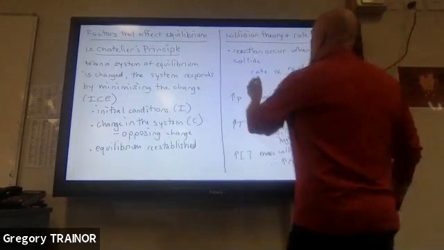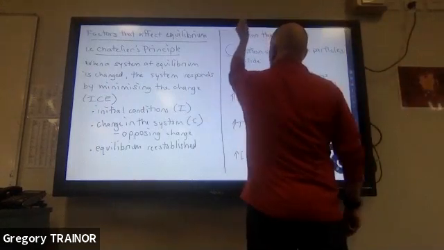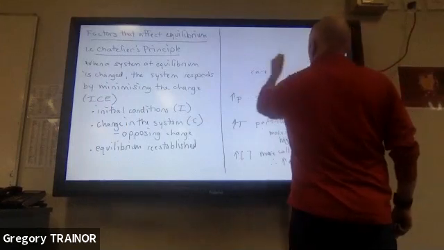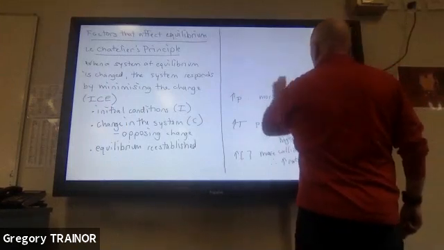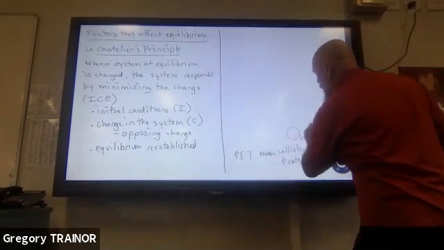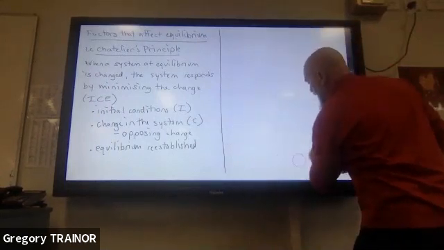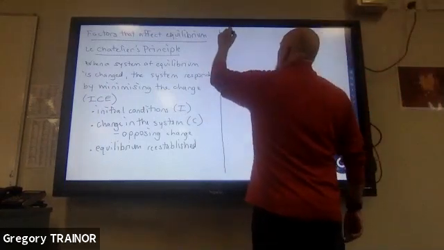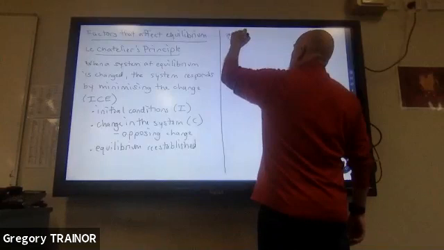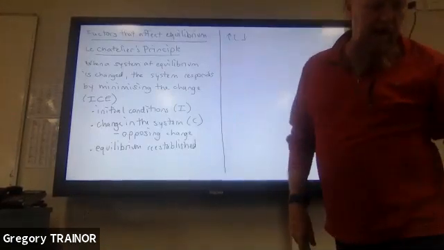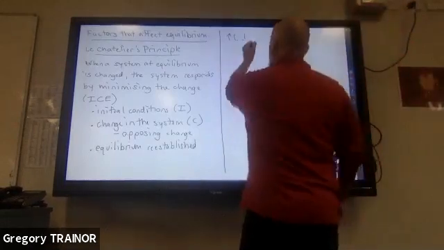So, in order to apply Le Chatelier's principle, we need to think about the different ways in which a system can be changed. All right, we can increase the concentration of a reactant.